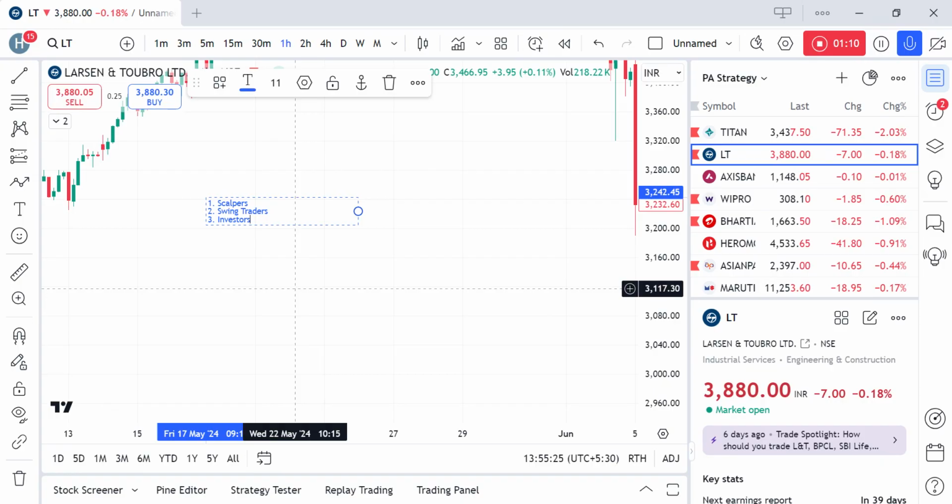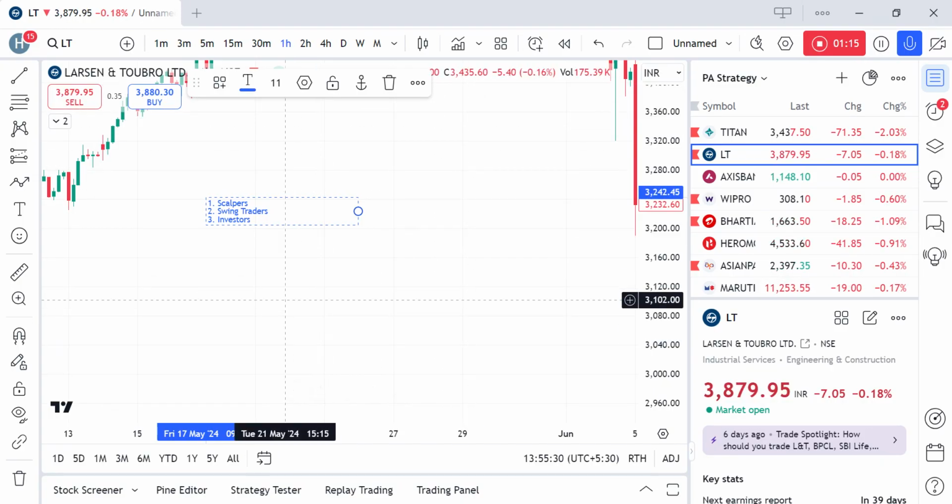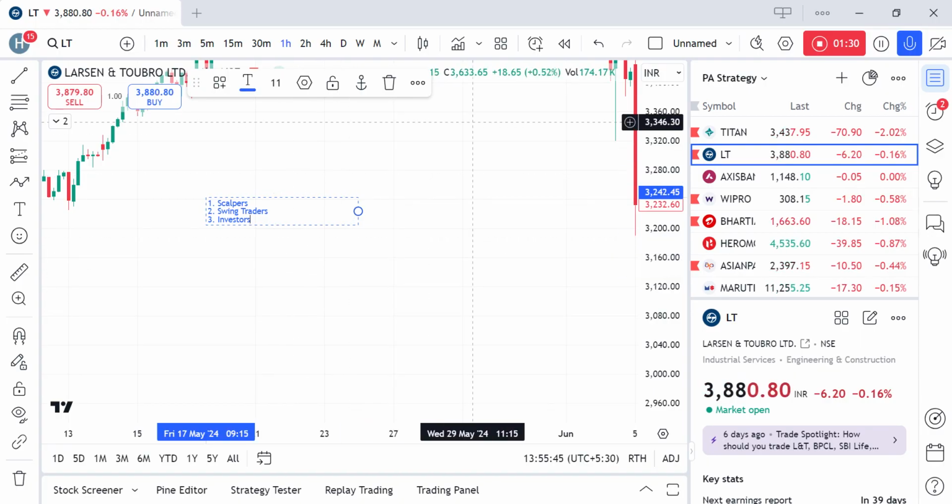If they buy at some point, they will sell at another point where they can see a significant or good difference. And investors are the persons who invest at a good point of time, do not do any activity for a long term, and then sell the position. So scalpers, swing traders, and investors are the three types of traders in the market in general.